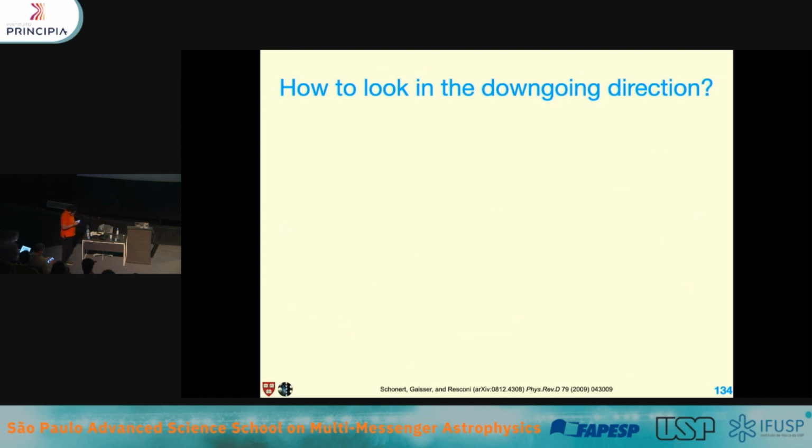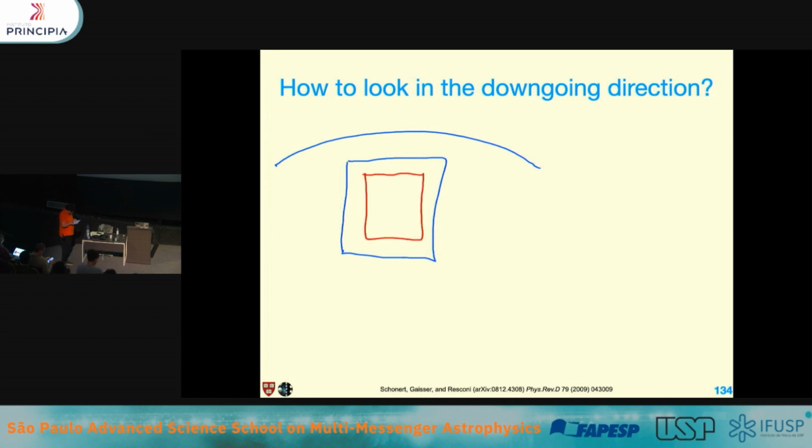Okay, so what's the concern? The concern is, here is IceCube, here is the atmosphere. This is my inner part. This we call the veto region. Suppose a kaon is produced here in a cosmic ray shower, and this kaon decays and makes a nu e, and this nu e is there.